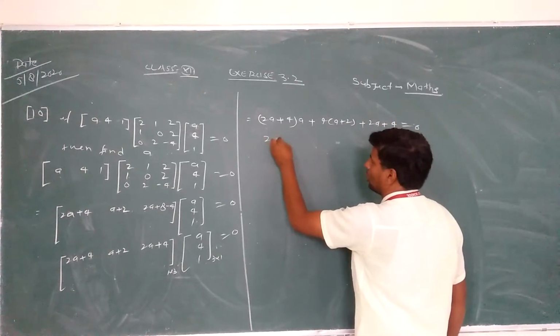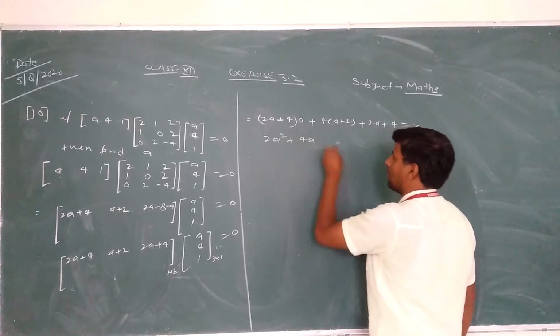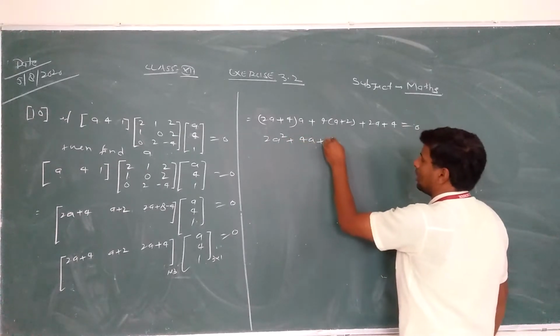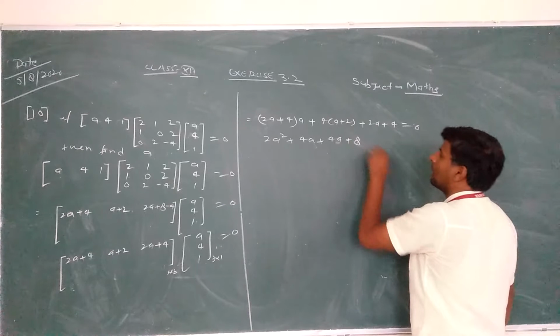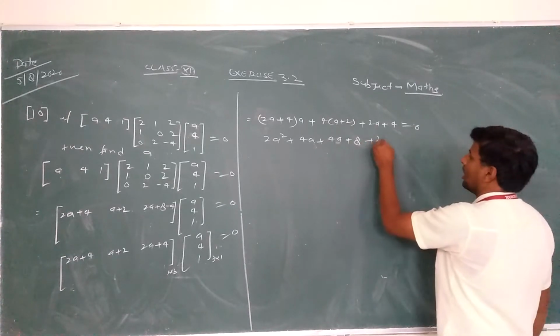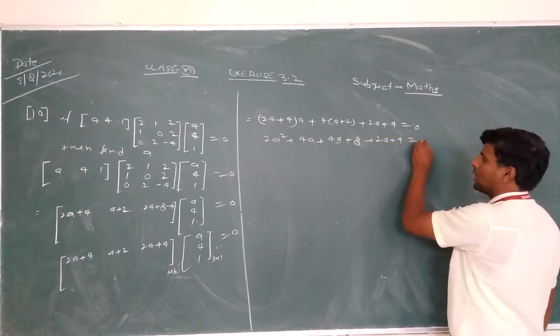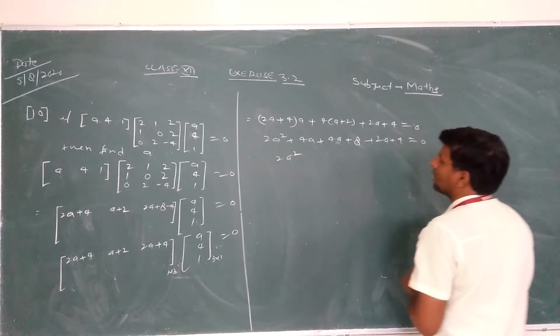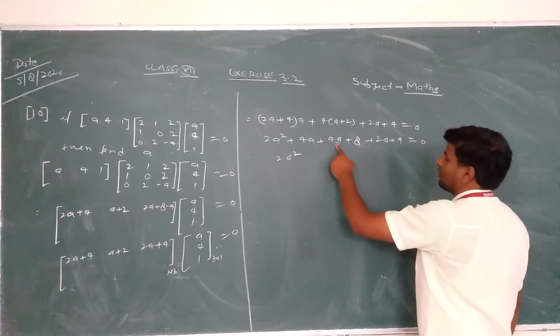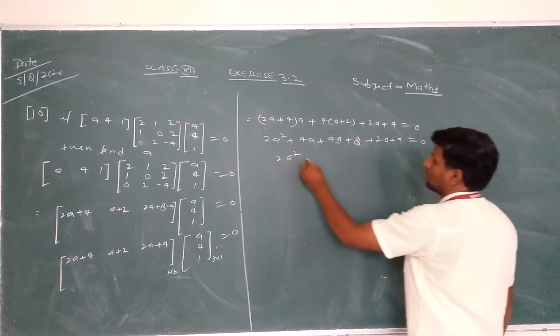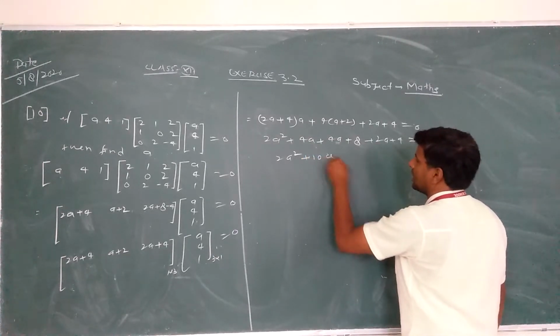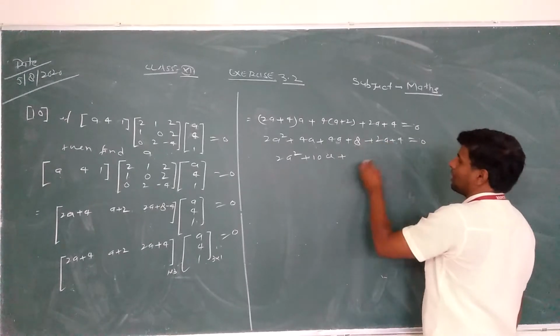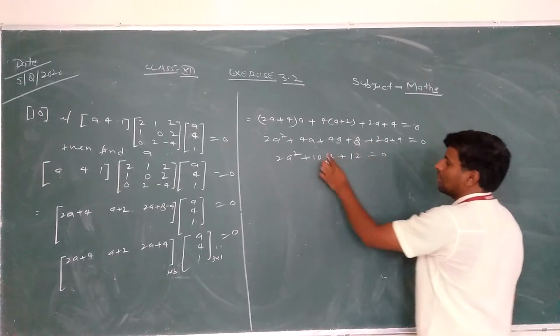Simplify it: 2A square plus 4A plus 4A plus 8, plus 2A plus 4 equal to 0. So 2A square plus 10A, and 8 plus 4 is 12.